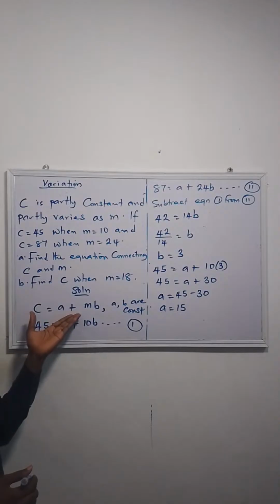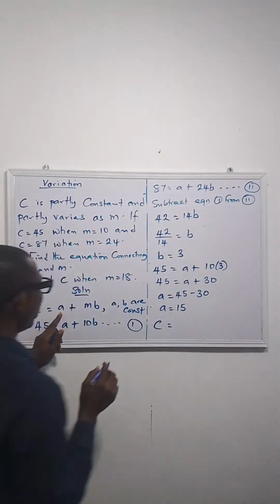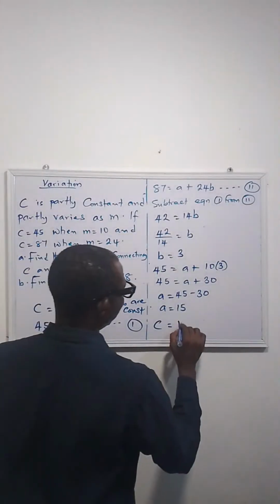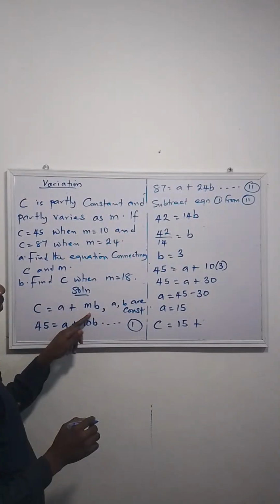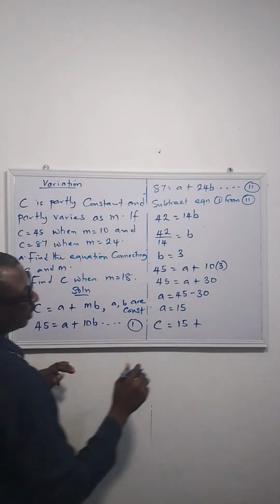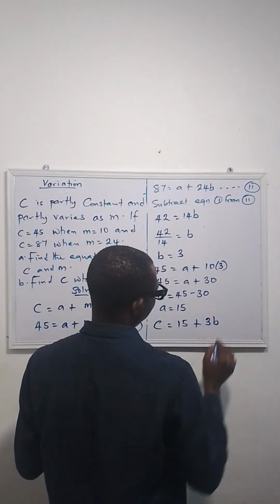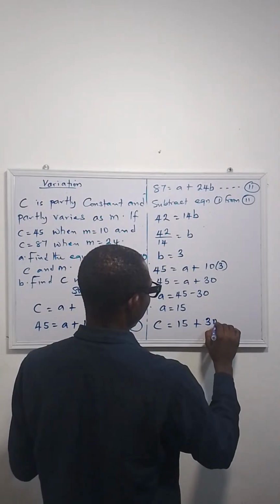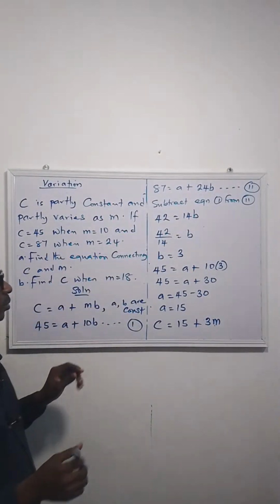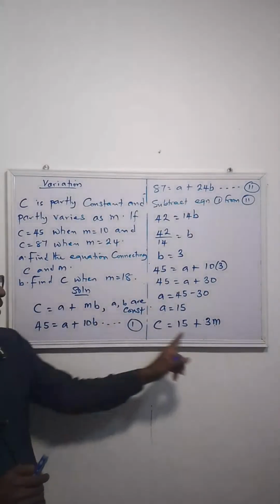Let's substitute here. We have C equals A, and A is 15, plus MB. B is 3, so that's going to be 3B. Oh, 3M, sorry, 3M because B is actually 3. So that's going to be 3M.